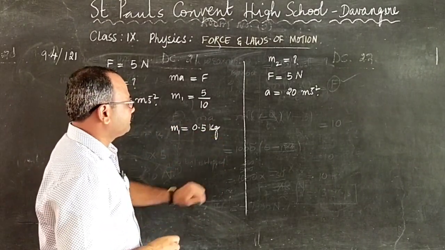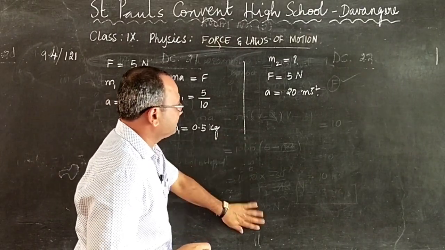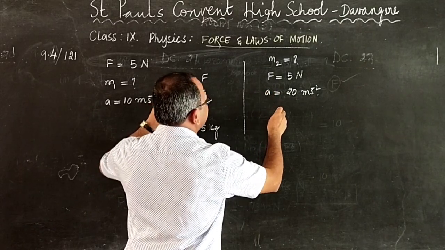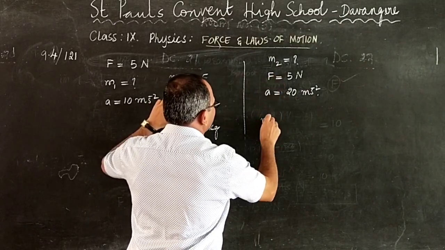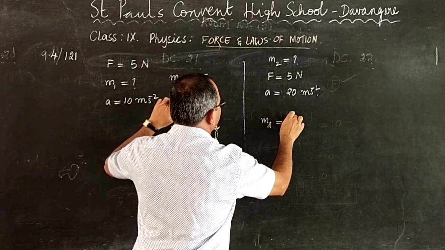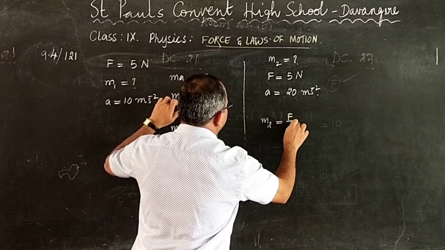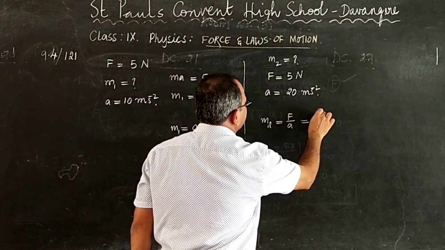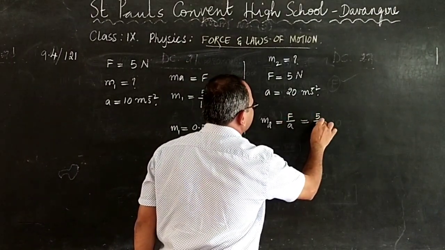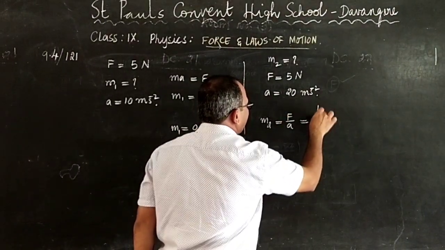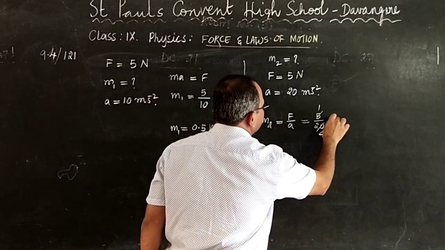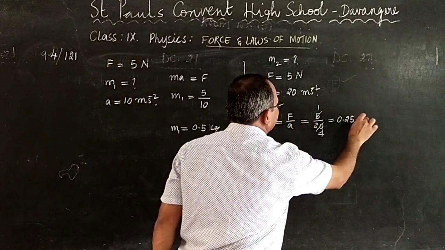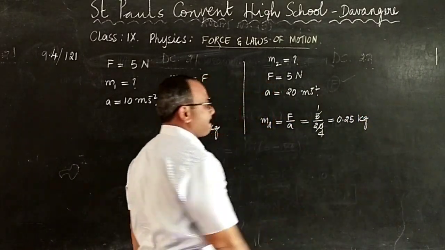From this, I will write directly, children, m2 will be equal to F by a, which will become, F is 5 by acceleration 20, 1 by 4, which is nothing but 0.25 kg, children.